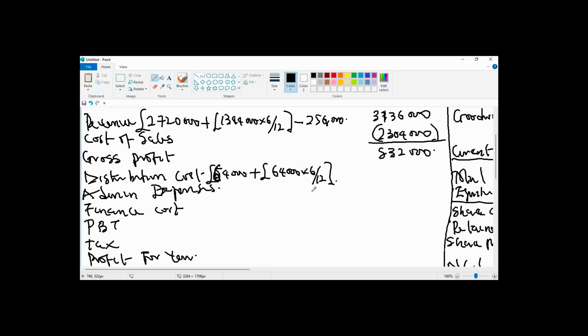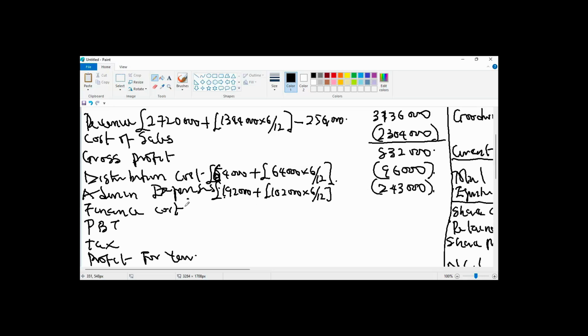That will give us 96,000. Then for the admin expenses, what are the admin expenses? 192,000 plus the subsidiary portion, 243,000.